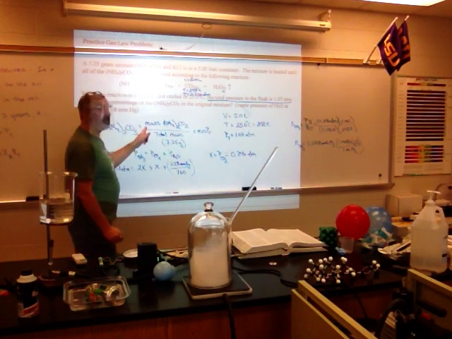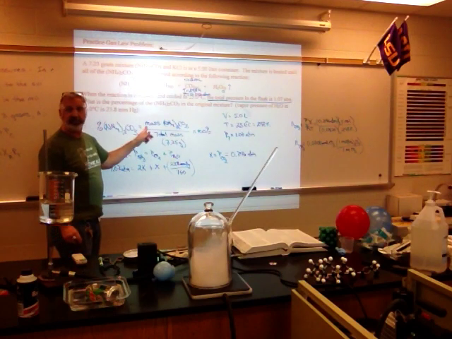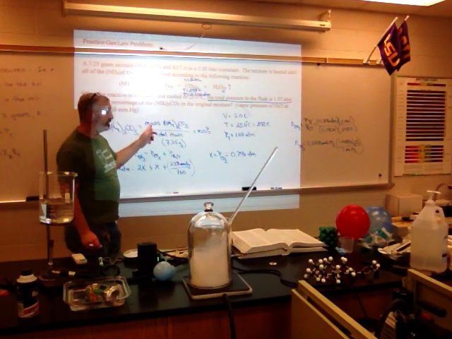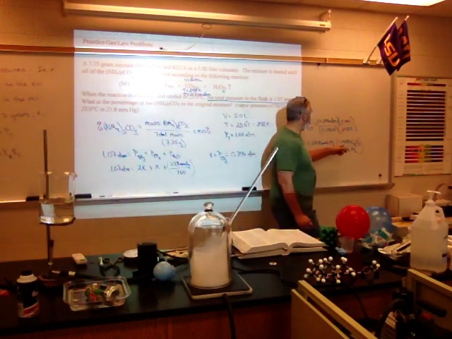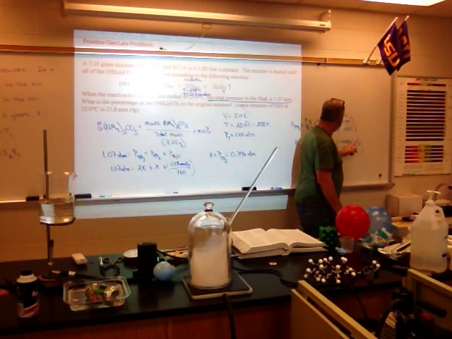I need grams, right? I need the mass, so I need grams. So how do I go from moles to grams? Molar mass. So NH4 is 14 plus 4 is 18, times 2 is 36, plus 12 is 48, plus 48 is 96 grams per mole.